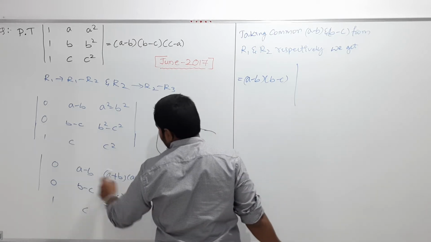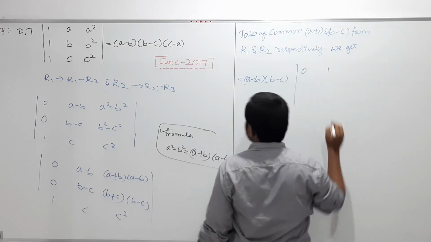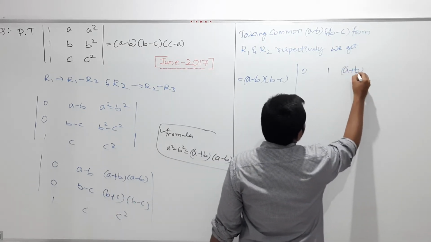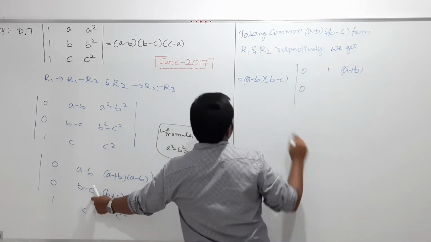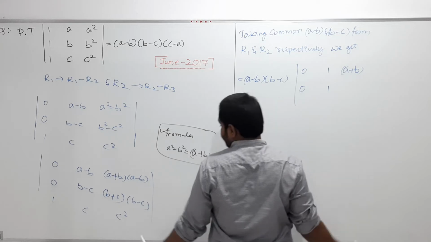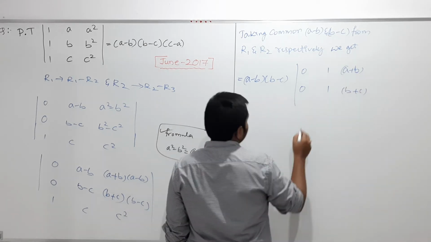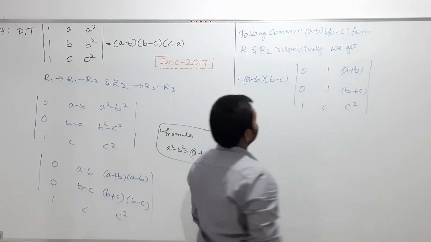From this I take a minus b common. Here it is 0. Here, a minus b taken common means only 1 is remaining, and here a plus b is remaining. From this also, 0, b minus c I am taking common, 1 is remaining, and from this b plus c, and the remaining third row elements as it is: 1, c square.